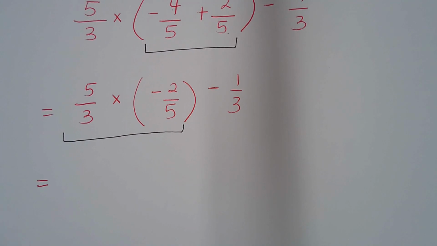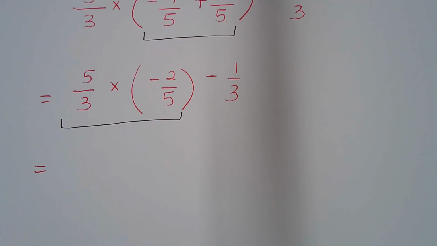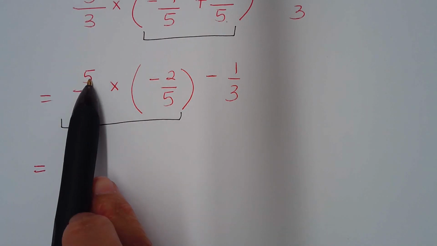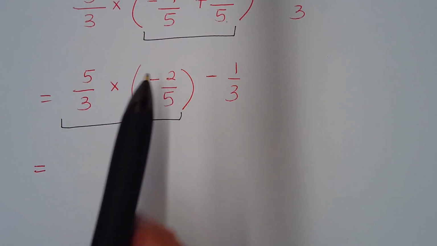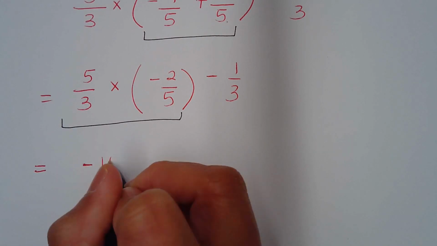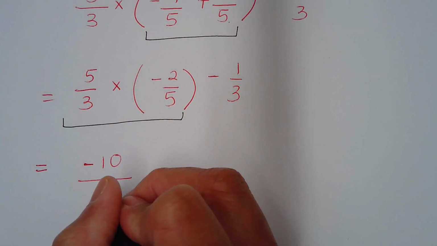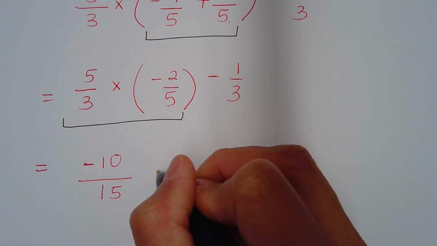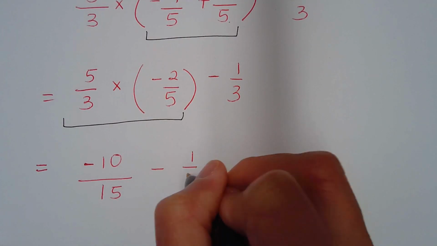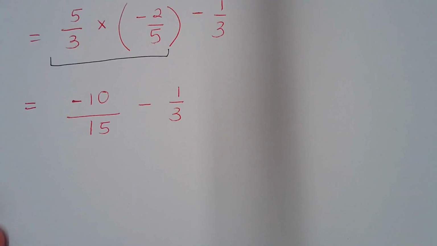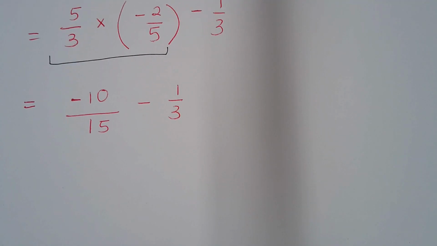If you want to cross-reduce, you can, if that's something that you're comfortable with, but I'm not going to do that. So 5 times -2 is -10. 3 times 5 is 15. Minus 1/3. Okay, there it is.